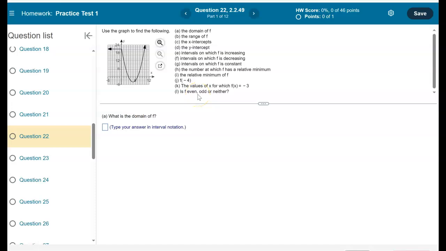Now let's consider the following question. We are to use the following graph to determine the domain, range, x-intercept, y-intercept, the intervals for which the function is increasing, decreasing, constant, then the number at which f has a relative minimum, the relative minimum of f, and then the value of f at -4, and then the values of x for which f of x is equal to -3, and then determine whether the graph of the function is even or odd.